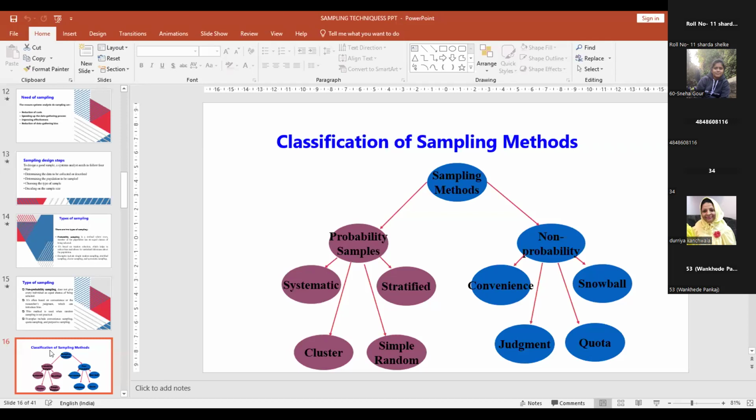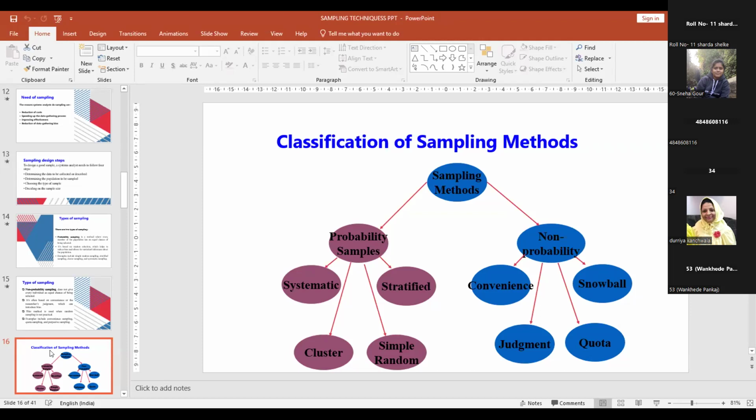And the second one, as I told, is non-probability. If we go through non-probability, we also find four types: convenience, judgment, quota, and snowball. So these are the further classifications of the sampling method.